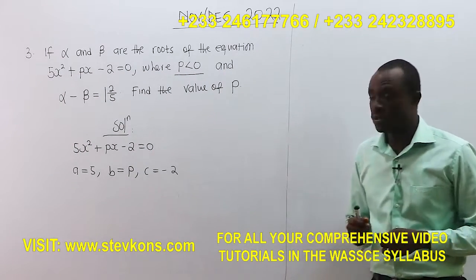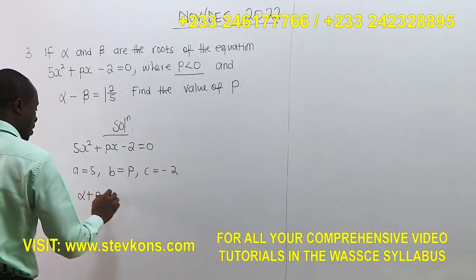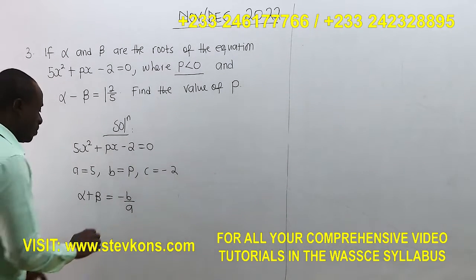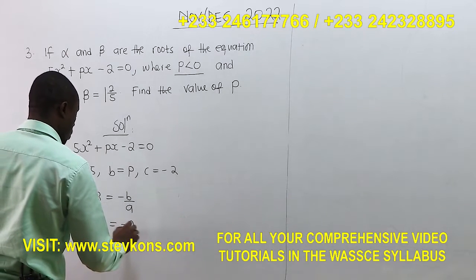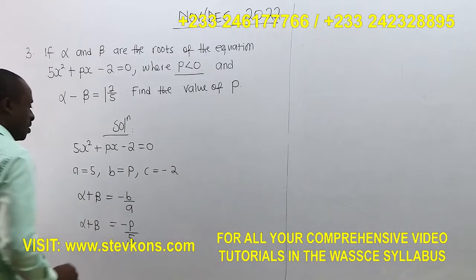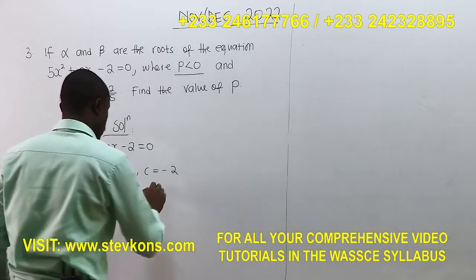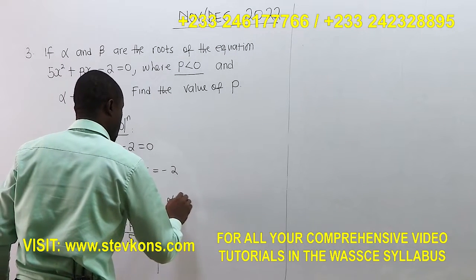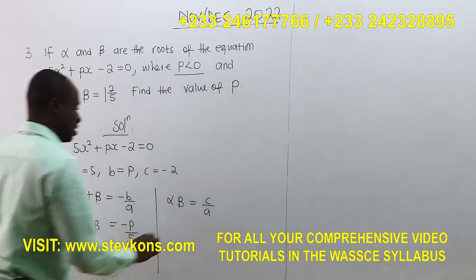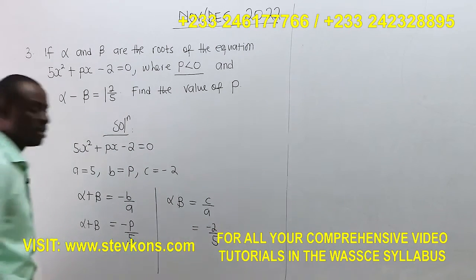Now, we know the sum of roots, alpha plus beta, is negative b over a, so that is negative p over 5. The product of roots, alpha beta, is c over a, which is negative 2 over 5.